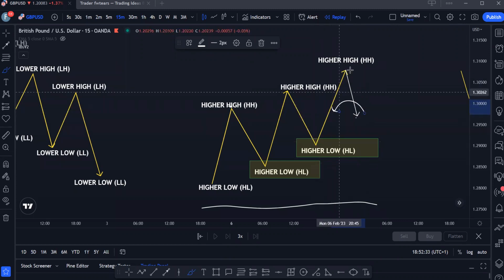On this impulse leg, can you spot a support zone? Right? What do we understand by support? What does support do?